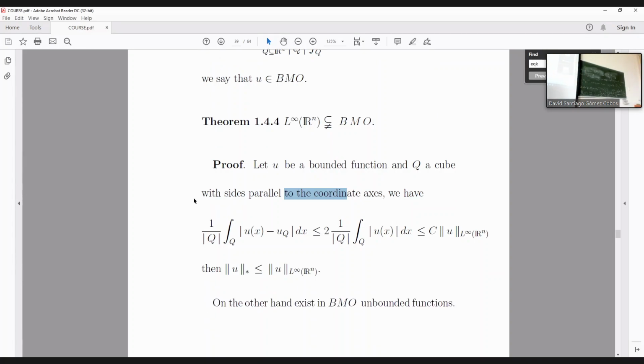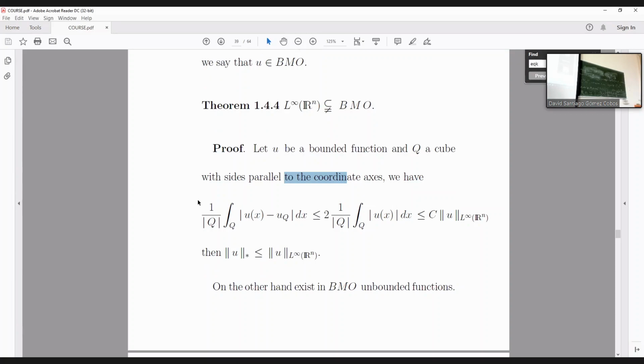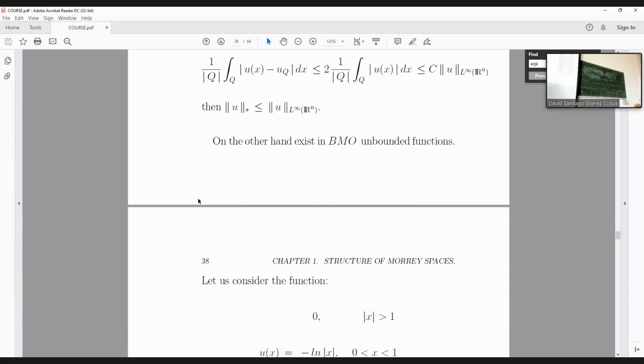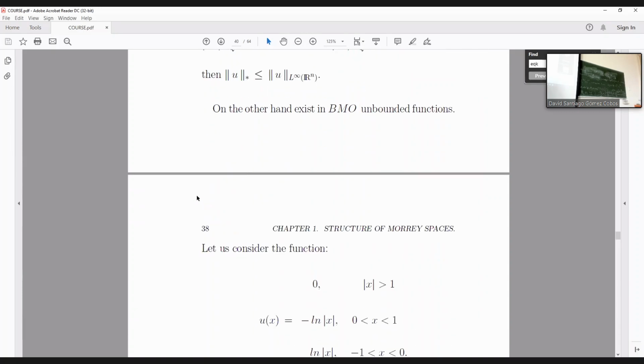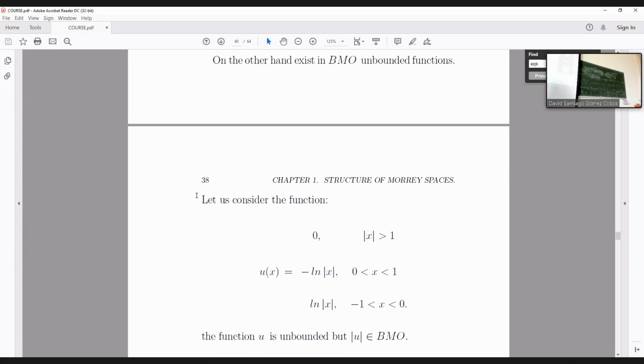On the other hand, there exists an unbounded BMO function, and we wish to show you an example of it. Let us consider this function here.